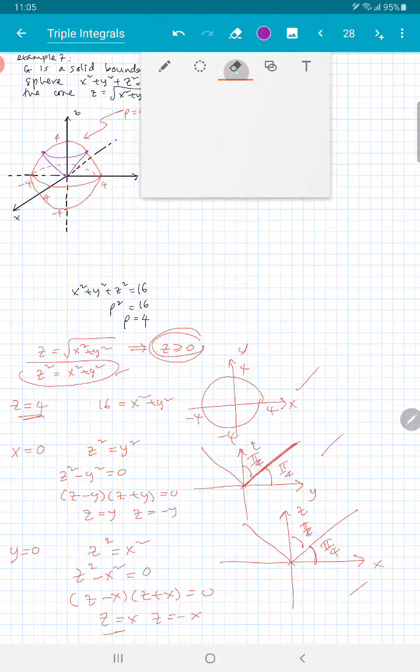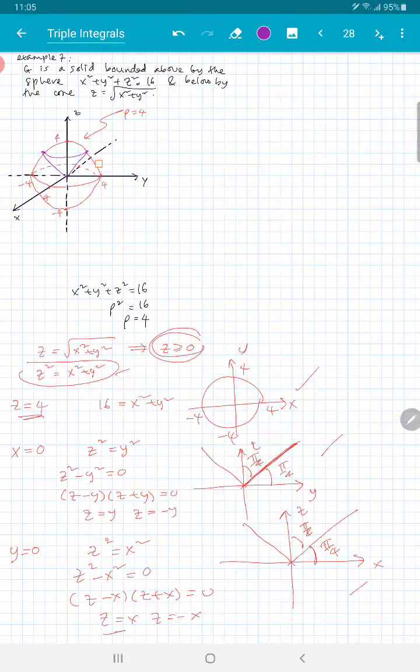So our solid is below the sphere, and it is bounded above by the sphere and below by the cone.